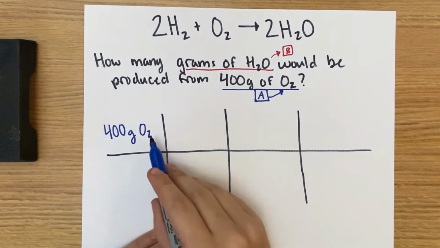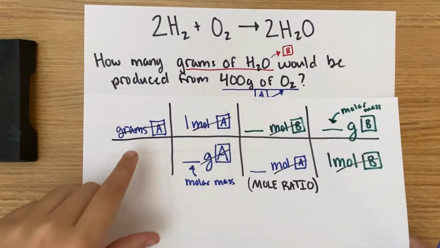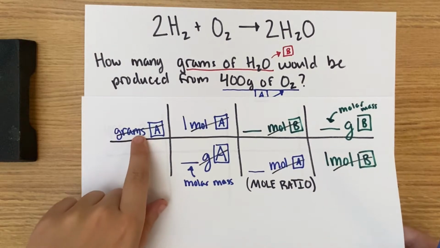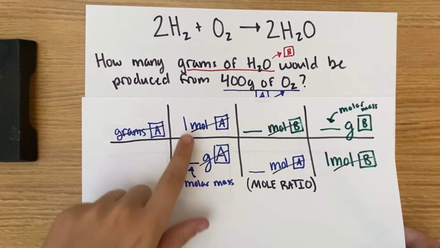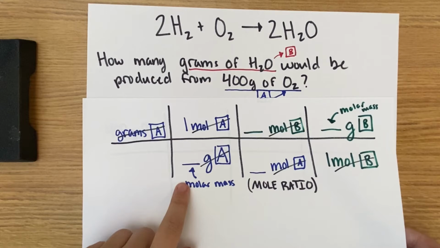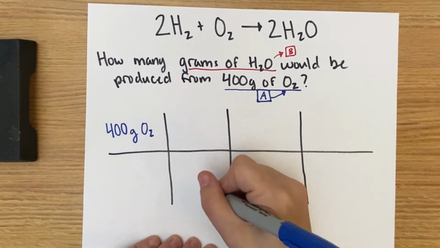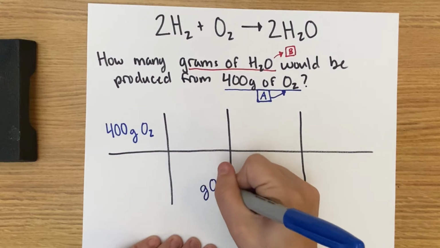we're dealing with O2. According to this, after our grams of A are in place, we need to convert to moles of A using the molar mass. Since we want our grams to cancel out, our molar mass is going to go on the bottom.